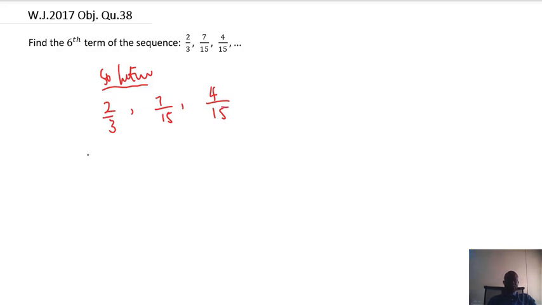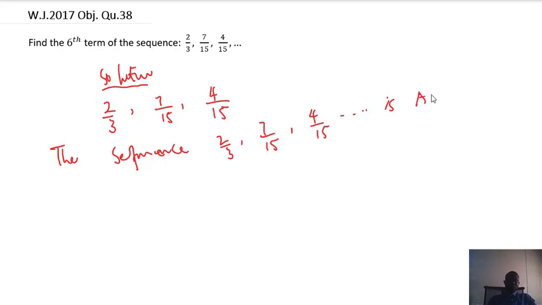So here, there is a sequence, and the sequence here is an AP, arithmetic progression, because it has a common difference. 7 over 15 minus 2 over 3.